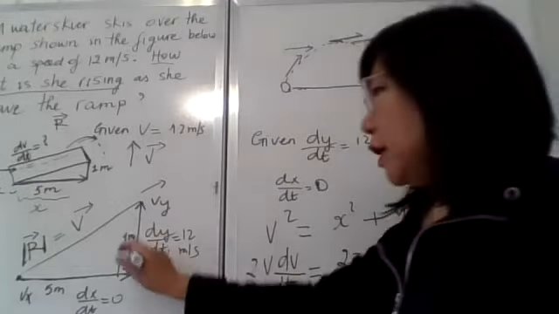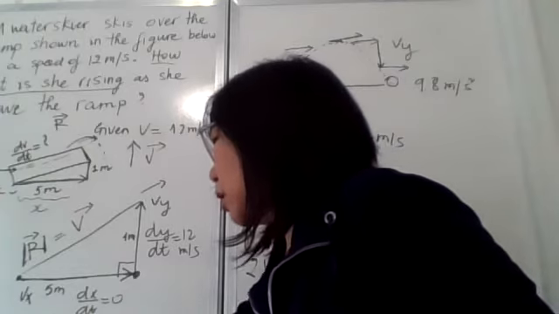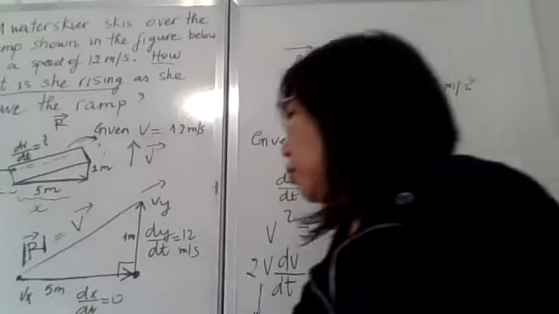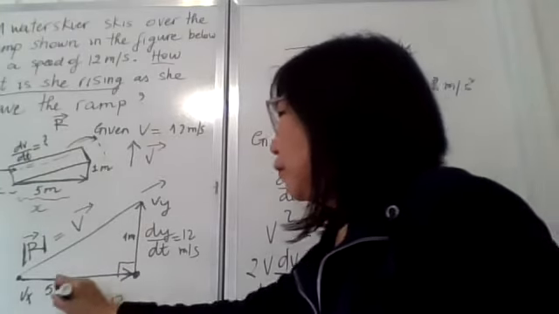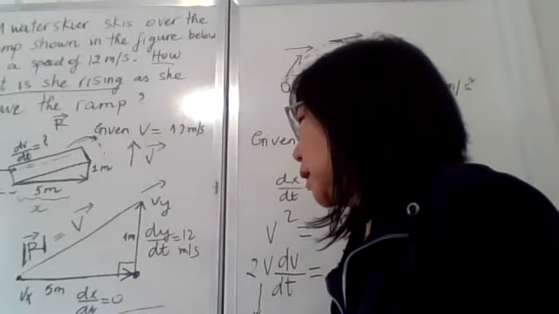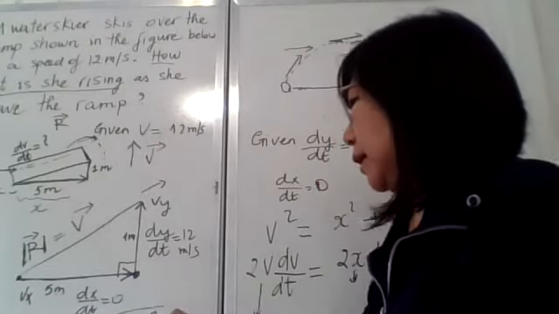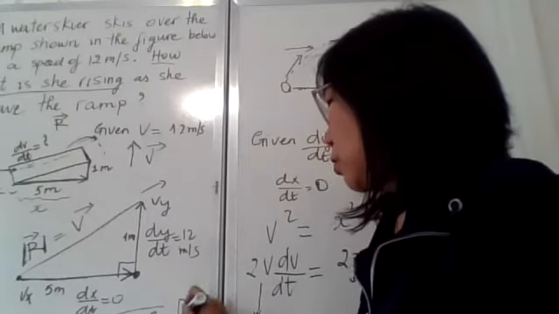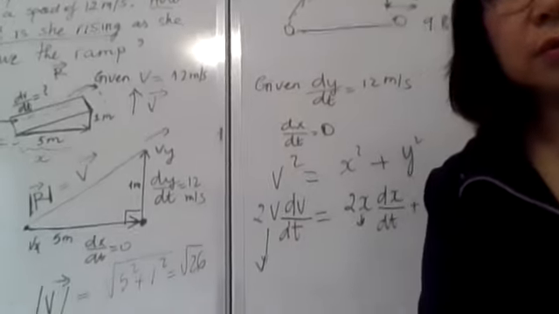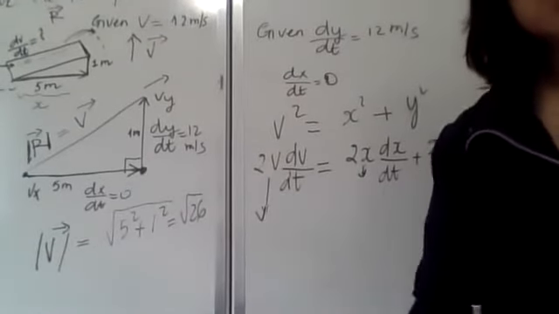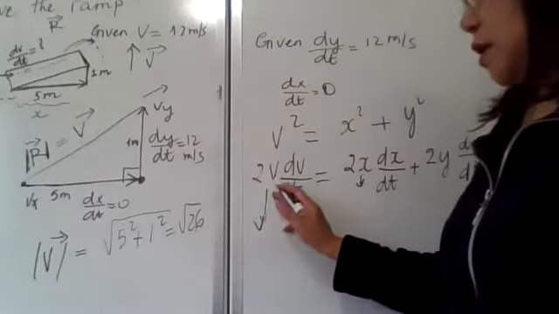How to find it? The V vector here, we talk about the magnitude, will be equal to the square root of 5 squared, that's the Pythagorean theorem, adding with 1 squared. This length equals the square root of 26. So that's how we calculate the magnitude of the vector v here.